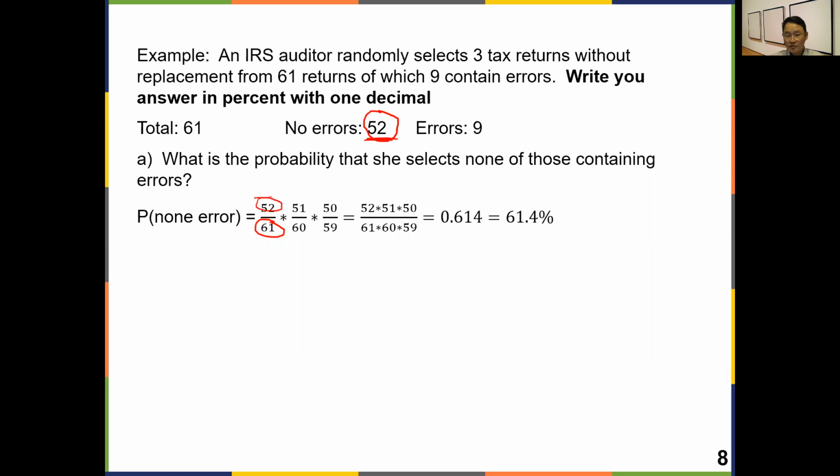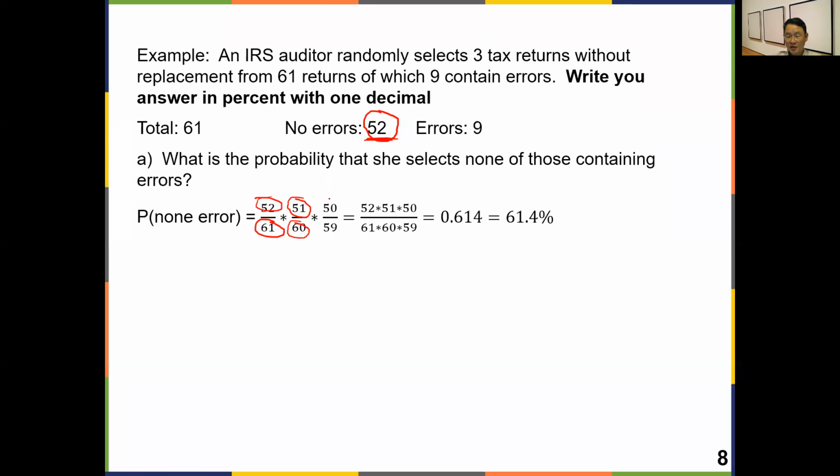But when I'm picking my second one, it has to be a good one too. Because I picked one of the good ones, now I have 51 good ones left, and I have 1 less card.